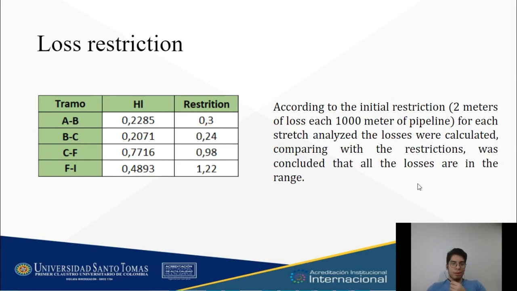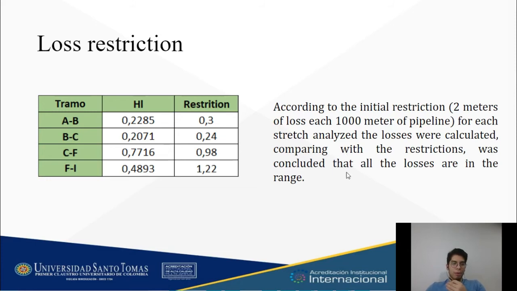The restriction that we mentioned before is 2 meters of loss for each 1,000 meters of pipeline. So the results are correct.